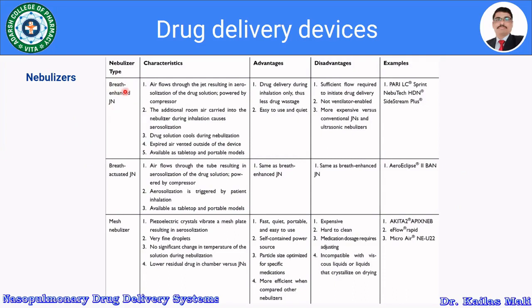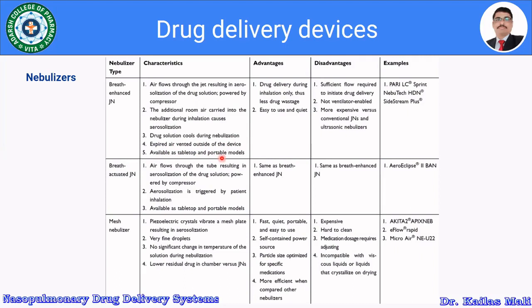The characteristics: air flows through the jet resulting in aerosolization of the drug solution, which is powered by compression. The additional room air carried into the nebulizer during inhalation causes aerosolization. Drug solution cools during nebulization. Expired air is vented outside of the device, and it is available as tabletop and portable models.